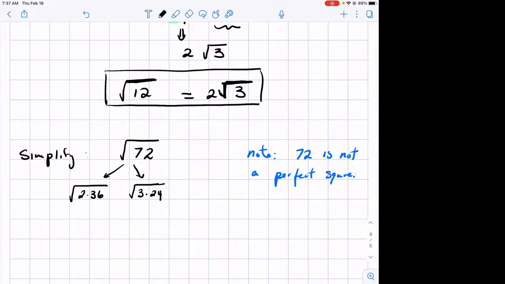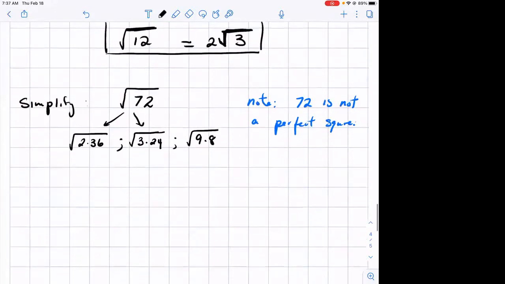All of these are factors, and the list probably goes on: 9 times 8, 6 times 12, and so on. So I'm only listing a few of them so you can see.